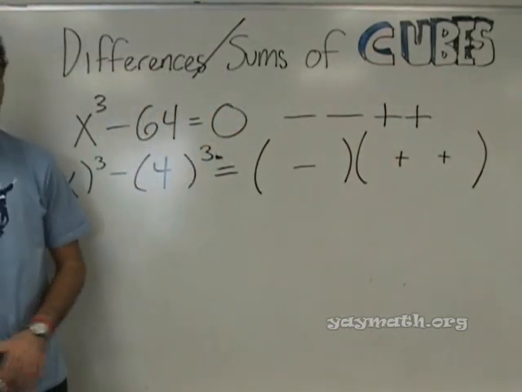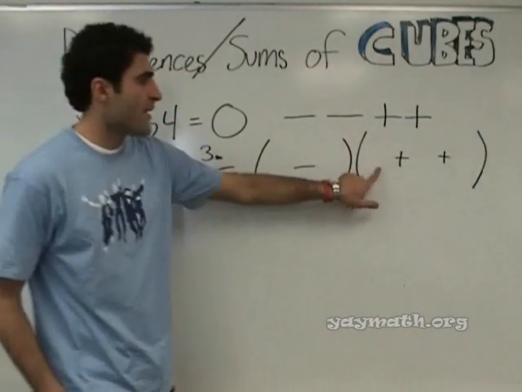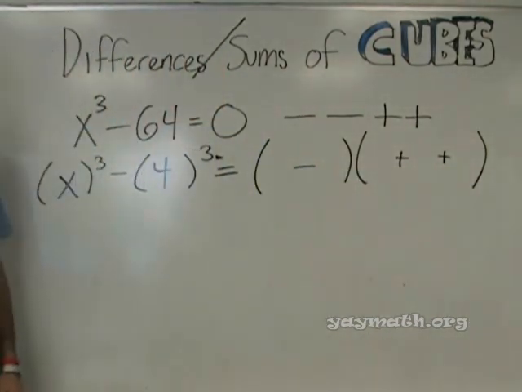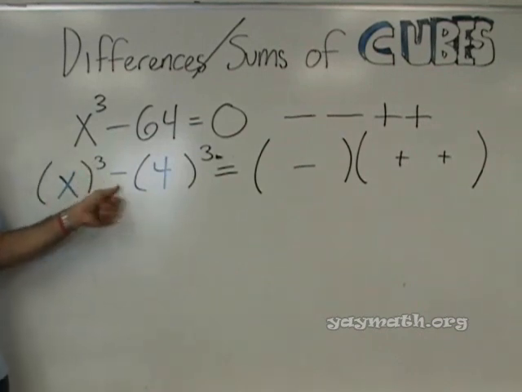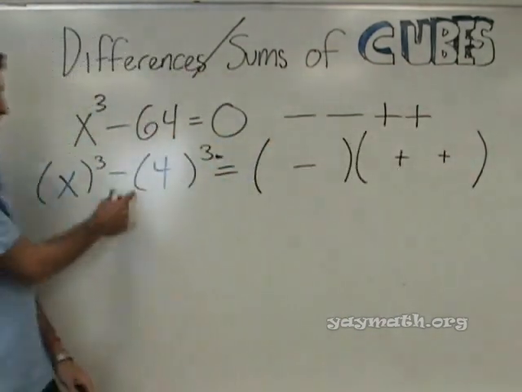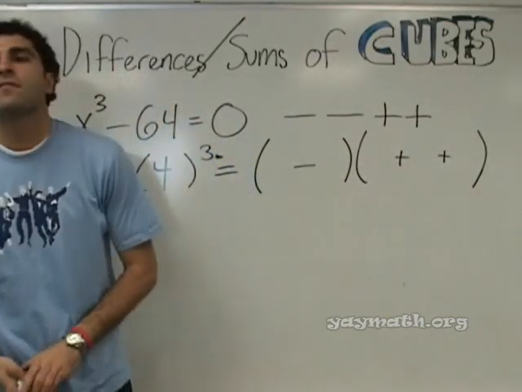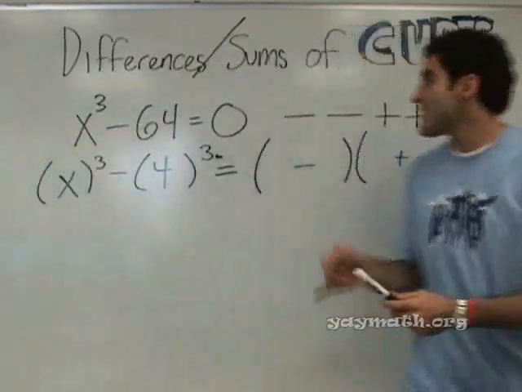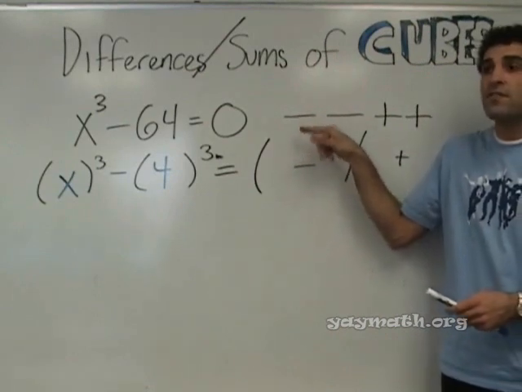There's going to be a term here, and a term here. But first, the signs. It always follows this pattern. If you see a difference of cubes, you know this is the mnemonic: minus, minus, plus, plus. First minus in the problem, second one here, plus, plus. That's always going to be it for differences of cubes. This is the difference of cubes sign string because it starts with minus. And then we're going to do the sum after.